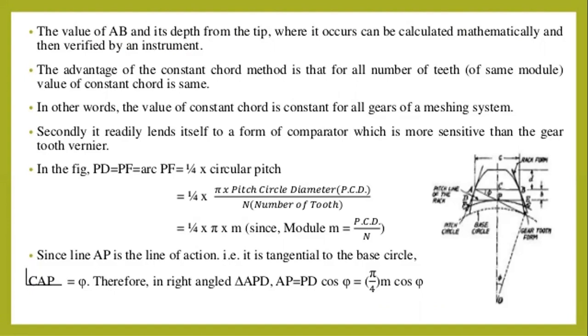In other words, the value of the constant chord is constant for all gears of a meshing system. So when two gears are meshed, it is equal for both.